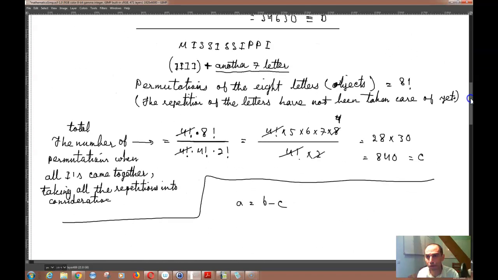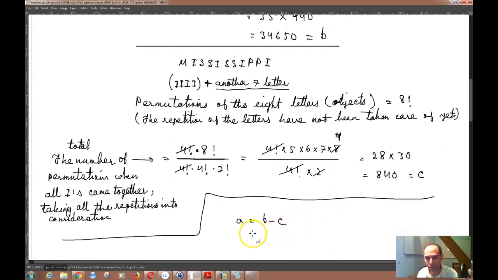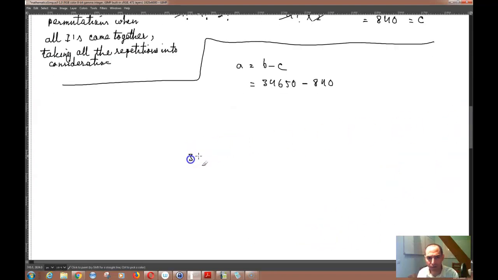B minus C. So your B is 34,650 minus 840, which is the same thing as 34,650 minus 840, which is the same thing as 33,810.